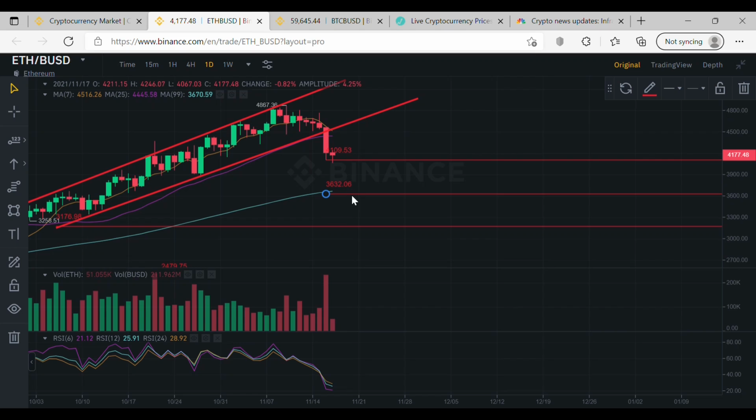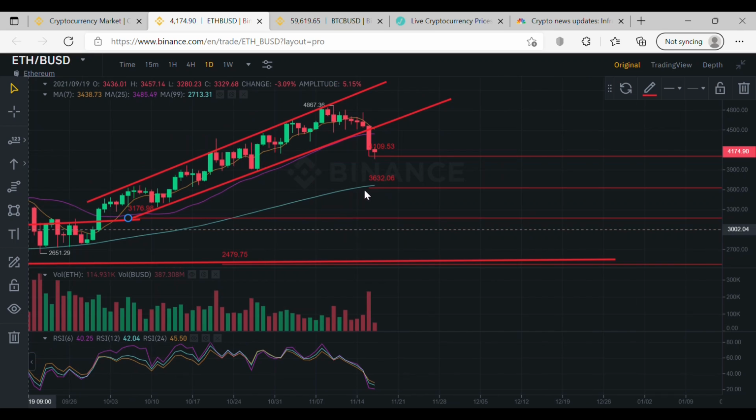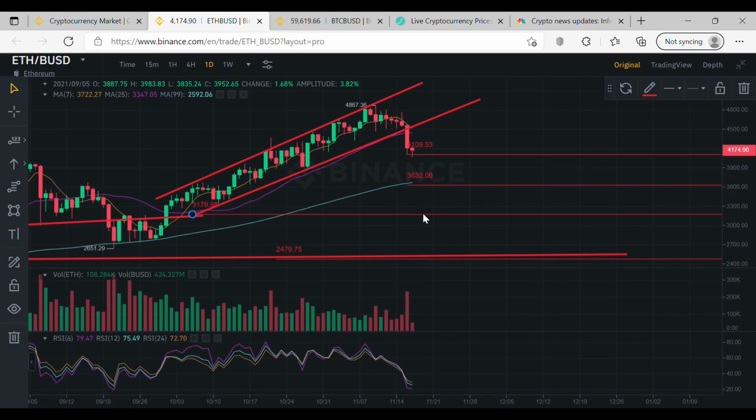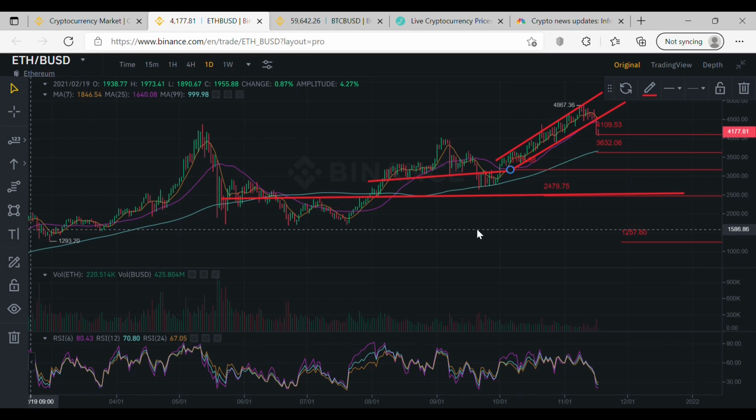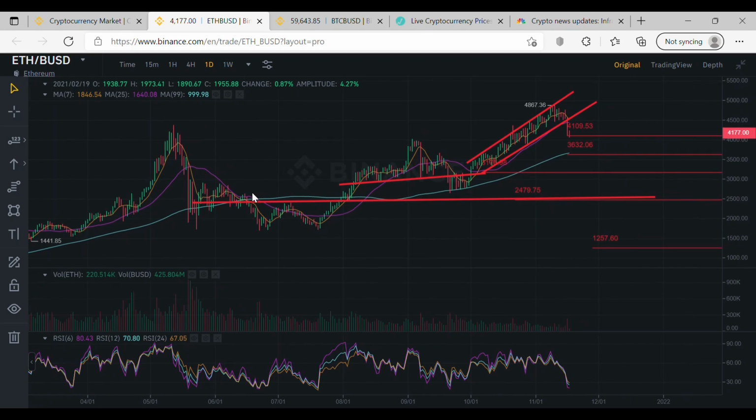I'll buy 100 bucks here, and then I'll use a multiplier of 2 for the next support here. So I will buy 100 bucks here and 200 bucks here, and if the price falls below this final support line, I will keep buying and adding to my position, because I think that currently this is definitely a good buying opportunity.